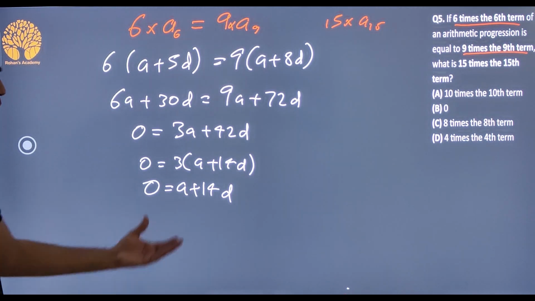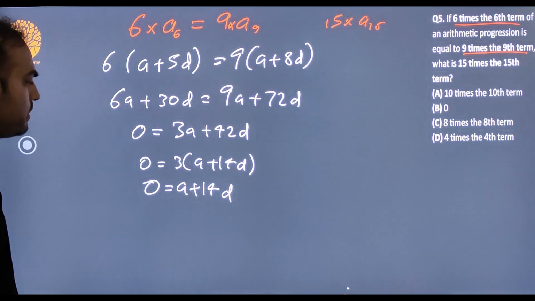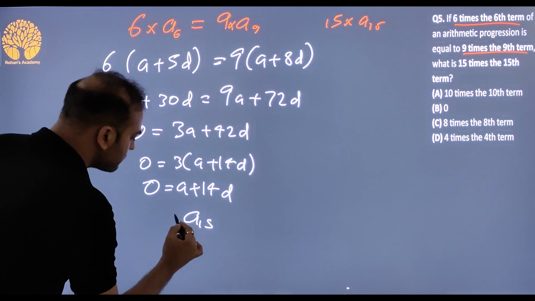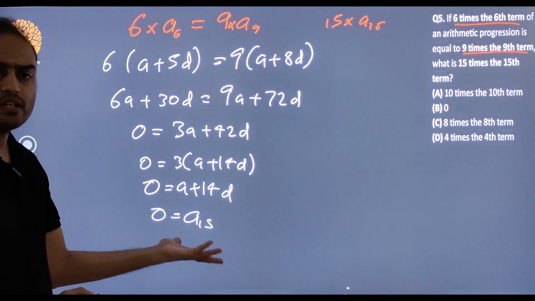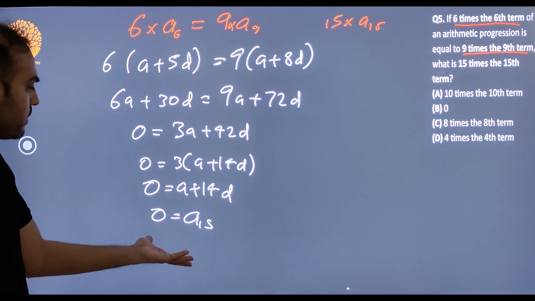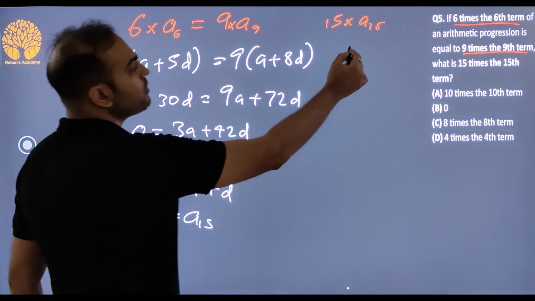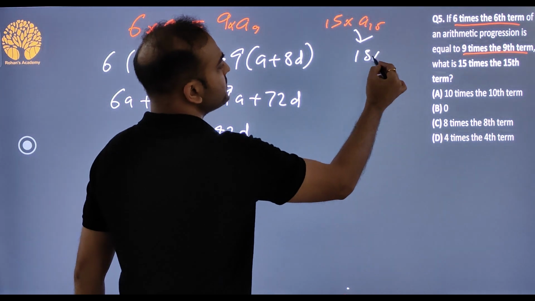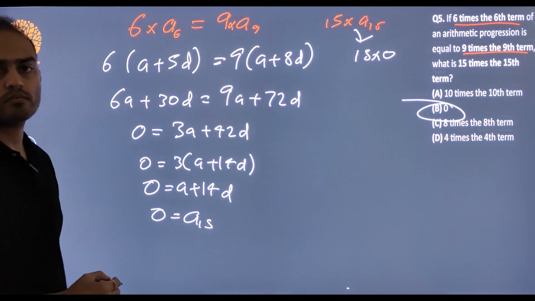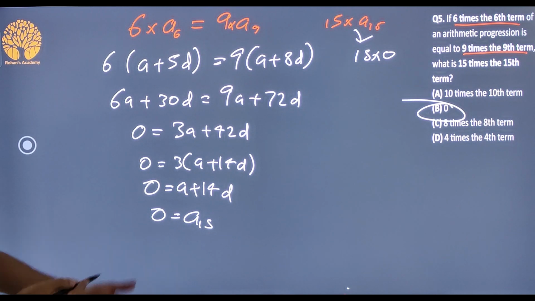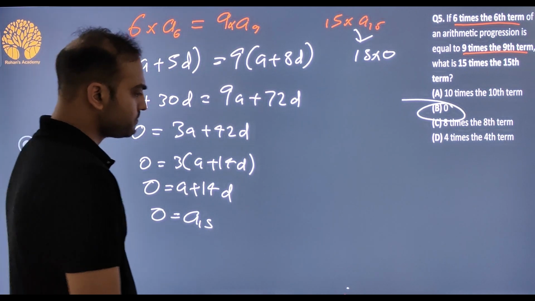Now what is A plus 14D? That's the 15th term. A plus 14D is actually the 15th term. So what we get? The 15th term is 0. So if the 15th term is 0, 15 times A15 will be simply 0.